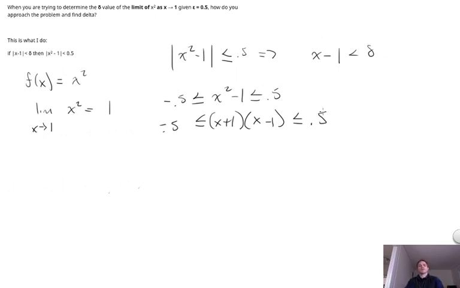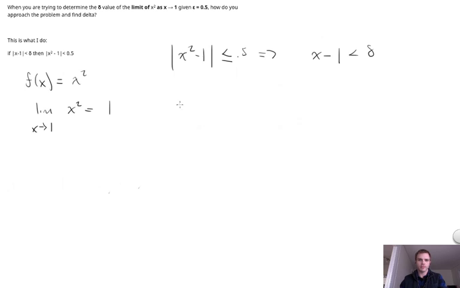How can we limit this? Let me do it without the 0.5 and just do it with epsilon.